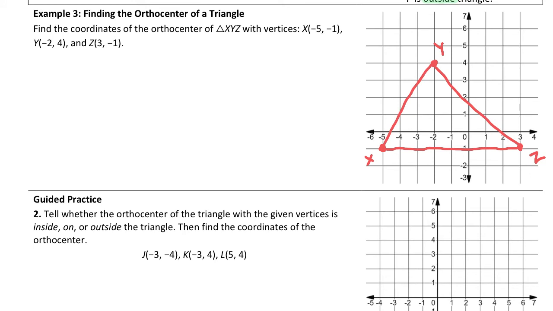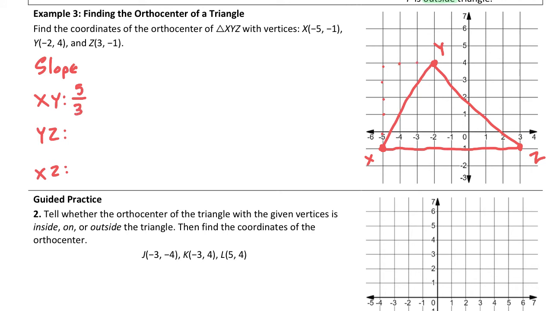So, Ortho Center, we've got to do some perpendicular stuff. So I'm actually going to find the slope of each line, okay? Slope of XY, YZ, XZ. So the slope of XY, you've got a graph, you can count it. The slope of XY is up 1, 2, 3, 4, 5, up 5 over 1, 2, 3.